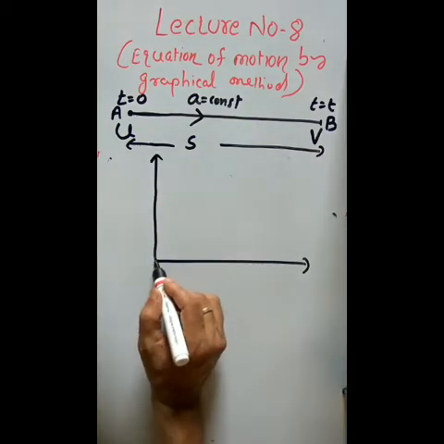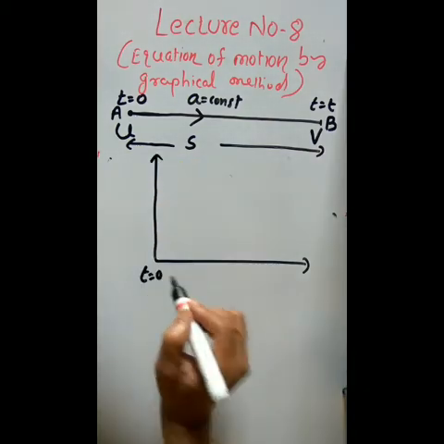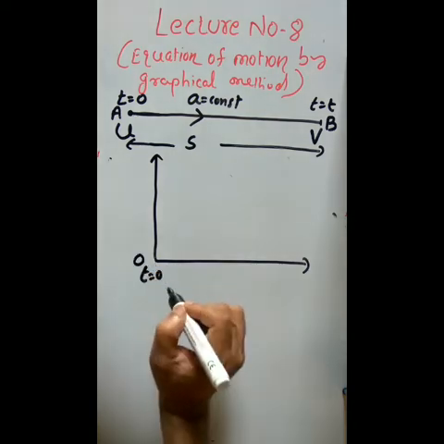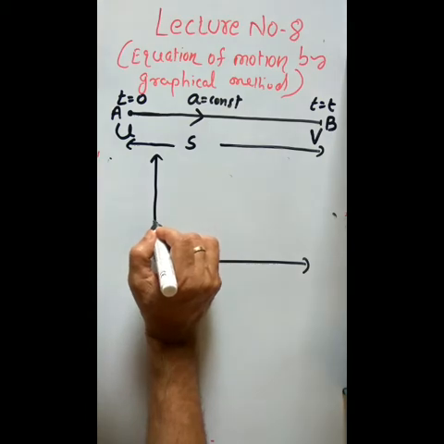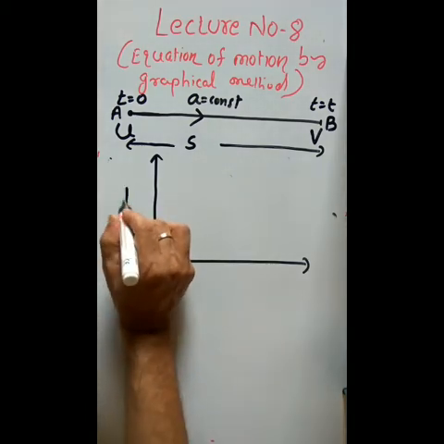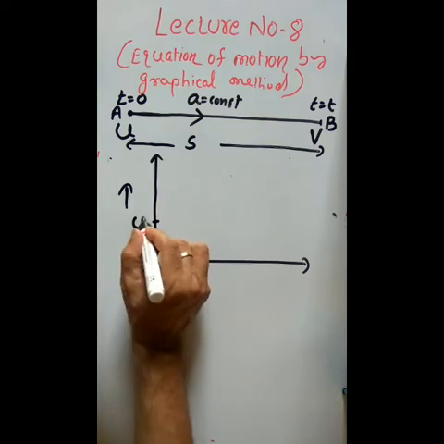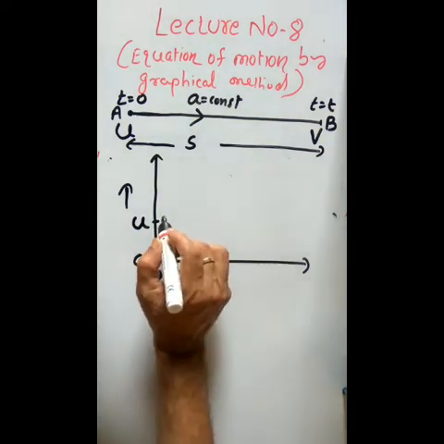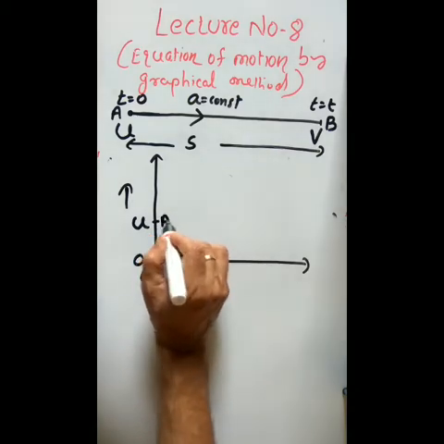This indicates t is equal to 0. Let's say this point is our O, and here at t is equal to 0, the velocity of the body is u. Let us say this point indicates A.